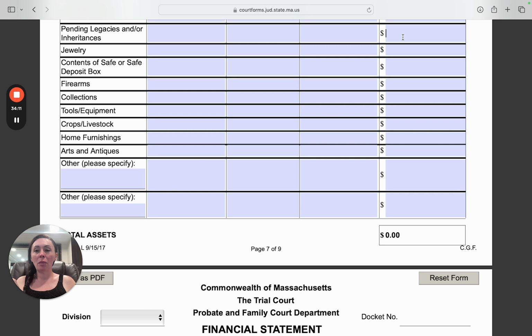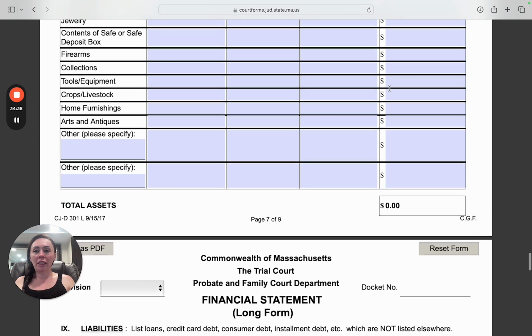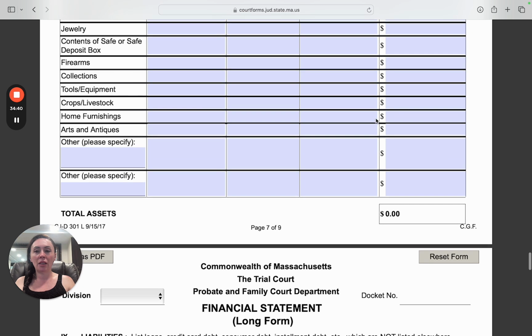So when we talk about pending legacies, if you're supposed to be getting money from a will or someone bequeathed you some assets, and you're waiting for the estate to pay you out, that gets listed here. It's not for auntie who left you money in her will. It's not vested. She hasn't passed. She could change her mind and give it to someone else. So be aware of that.